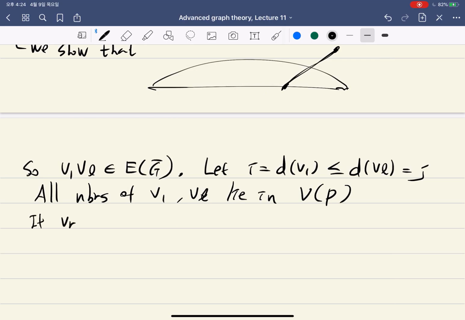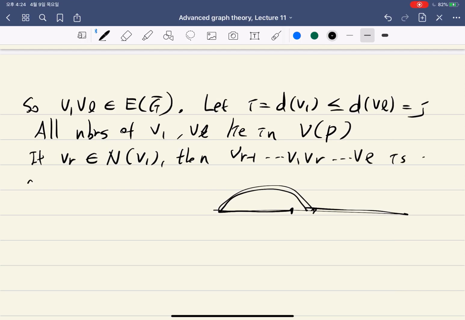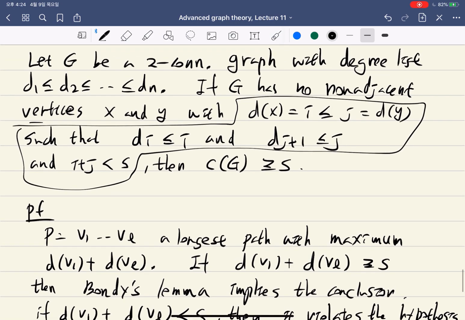And if Vr is a neighbor of V1, then we know this is another longest path: Vr minus 1 to V1, Vr to VL is another longest path ending at VL. So this vertex must have a smaller degree than V1. So now what we want to show is this.